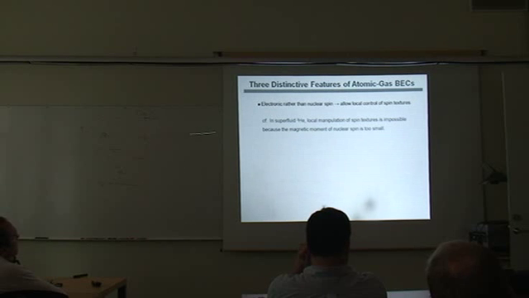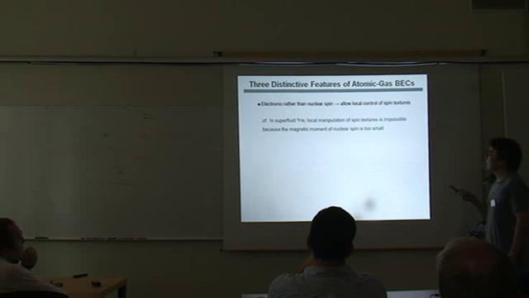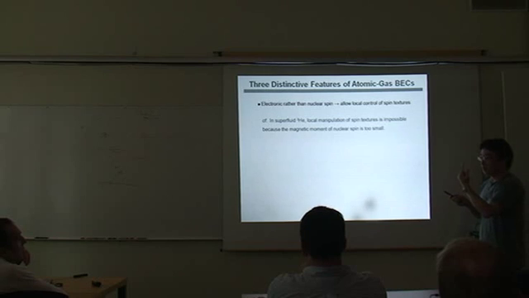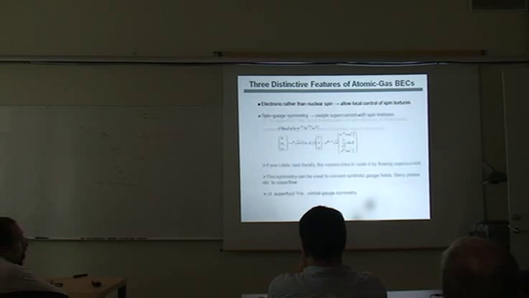In contrast, in superfluid helium-3, local manipulation of spin texture is impossible because the magnetic moment originates from nuclear spin, which is too small. So in superfluid helium-3, we can manipulate the d vector only via the l vector. But in this system, we can manipulate local spin via the local magnetic field. So this has a great advantage in terms of manipulation of the system.